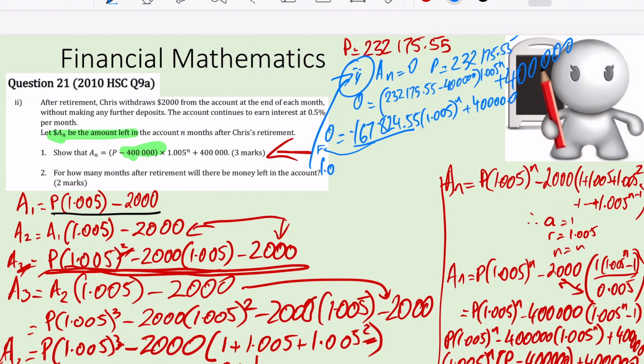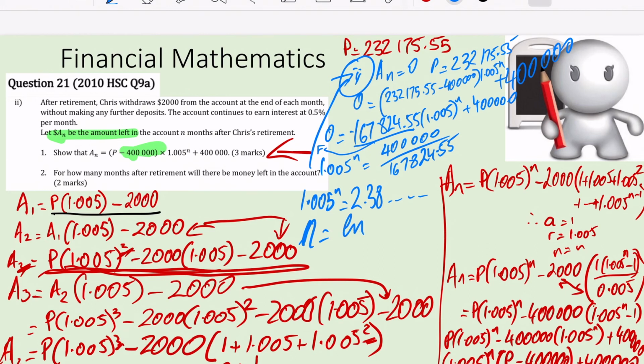So 1.005^n equals 400,000 divided by 167,824 and 55 cents, which gives us 2.38 and so on. Take the log of both sides. Therefore, n is equal to the log of 2.38 all over the log of 1.005, and we get n is equal to 174 months, which is the correct solution.